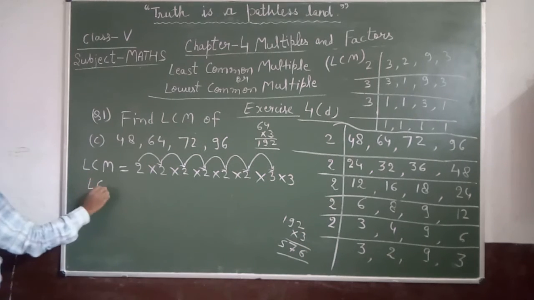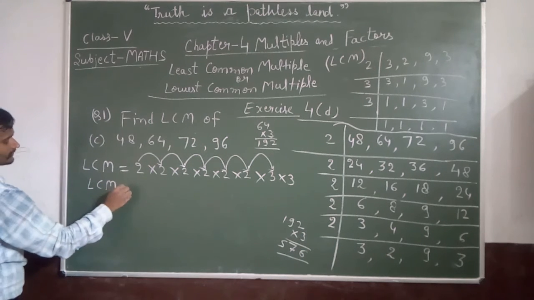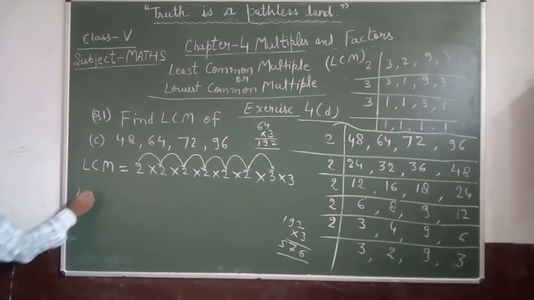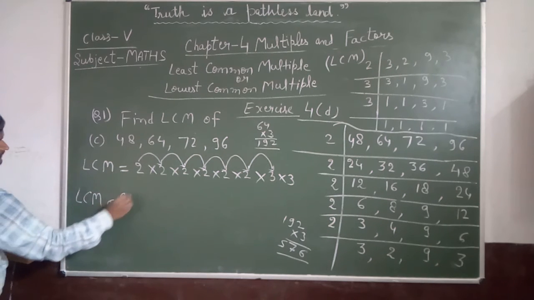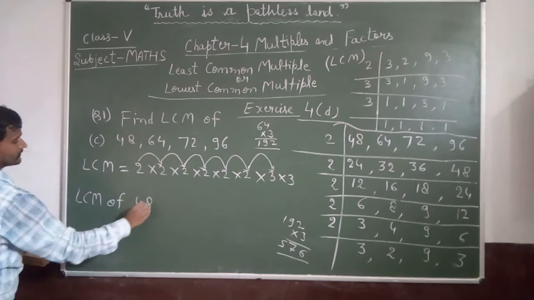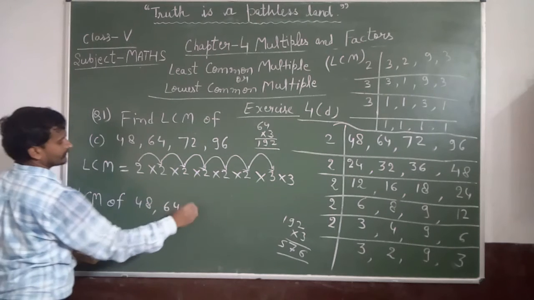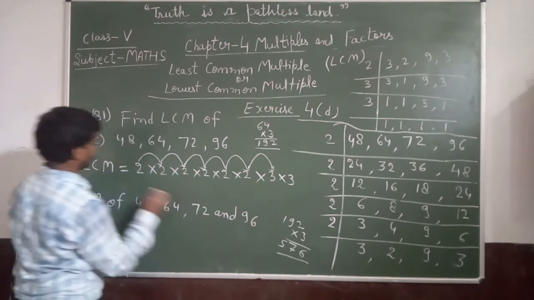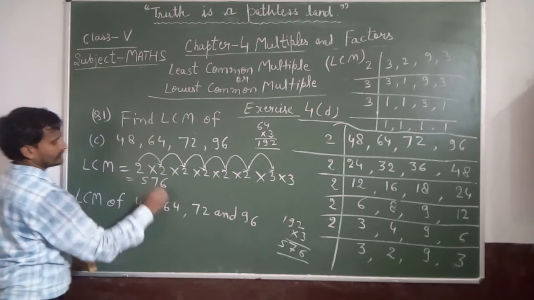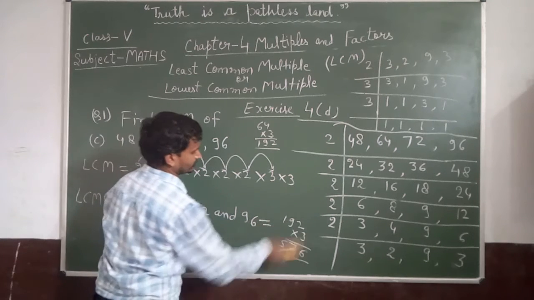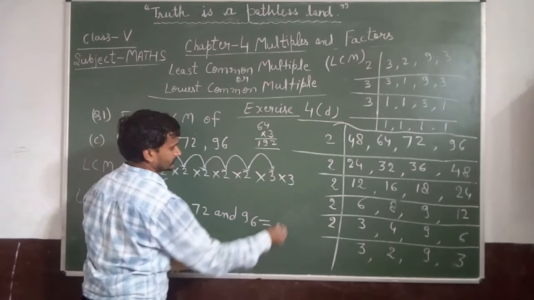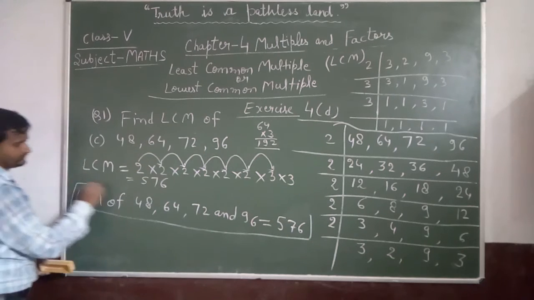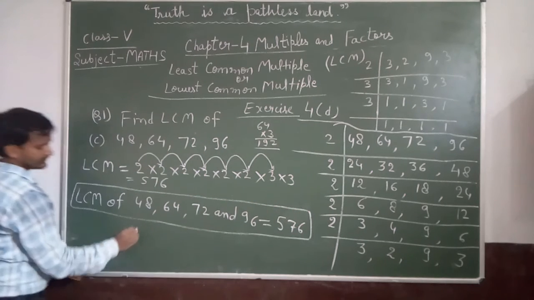So we can write LCM of 48, 64, 72 and 96 equals to 576. This is the answer.